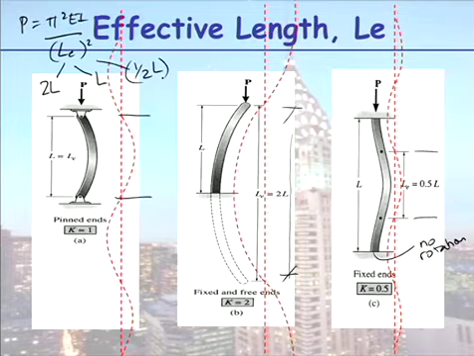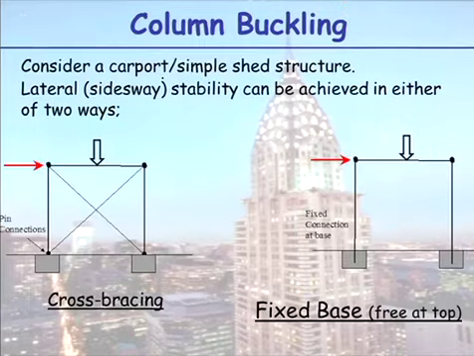Why is this significant? Because in multi-storey buildings, whether you choose to pin the end or fix the end will actually determine how much load your members can carry. So let's look at 2 real-life conditions, even though they're only shown as sticks on there. You're building a carport. Your carport has to be accessible from all 4 sides, so you can't put cross bracing in.